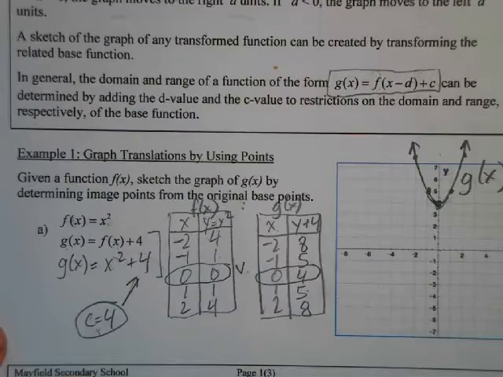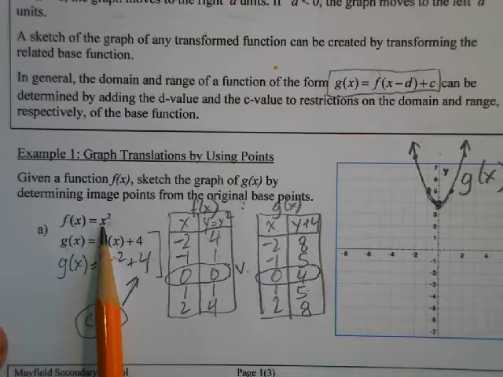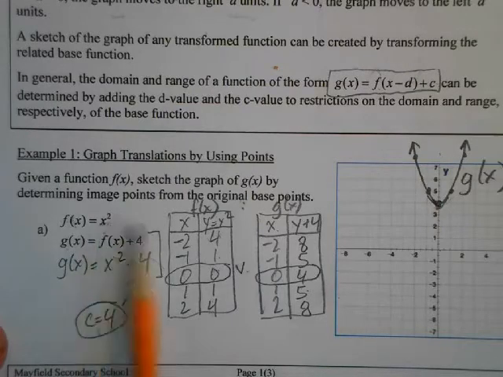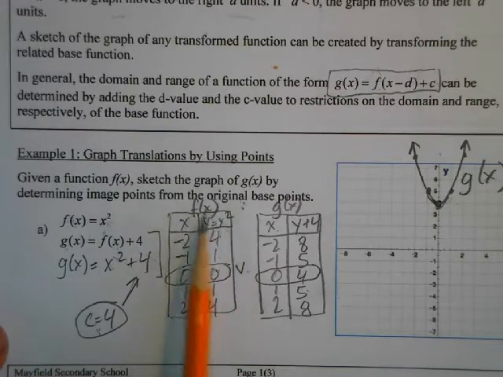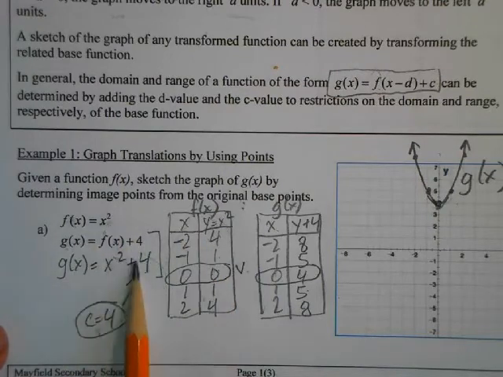Okay, so hopefully that makes sense. We found out the original function, the base function, was the x squared or quadratic function. We put those memorized base points for y equals x squared, so just memorize these. Then we figured out from the new transformed equation the values, in this case the value of c, or the value of d, which this one didn't have.